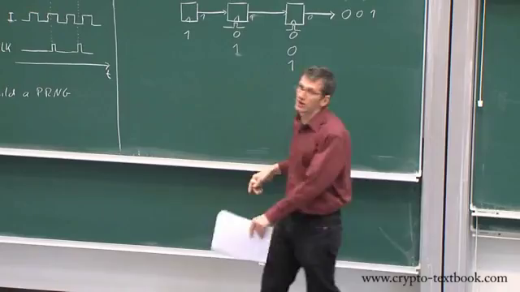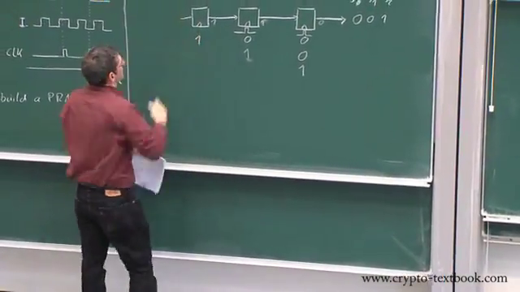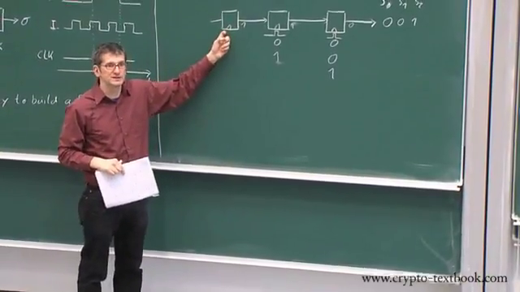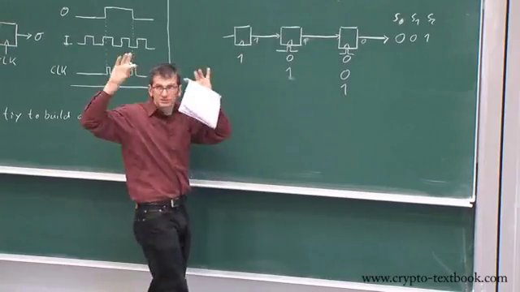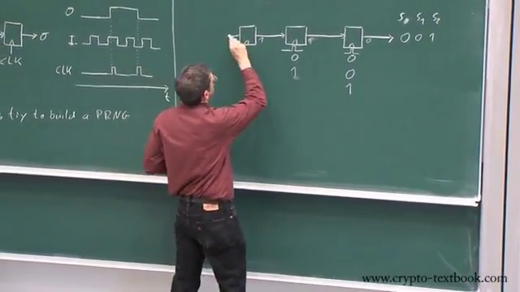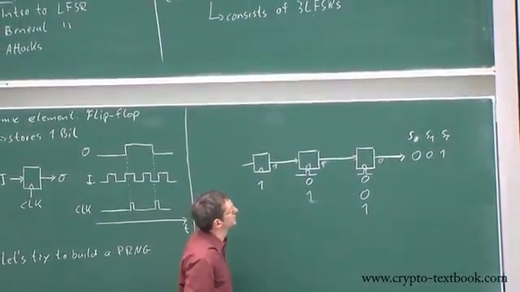Okay? So now we want to have a feedback. The basic idea is that we generate fresh input for this leftmost flip-flop in every clock cycle. We compute, in quotation marks, a fresh input bit for this leftmost flip-flop from the other ones. And how do we do that?